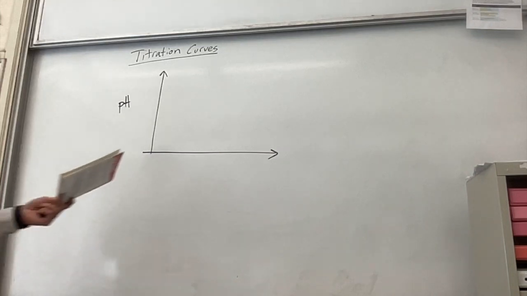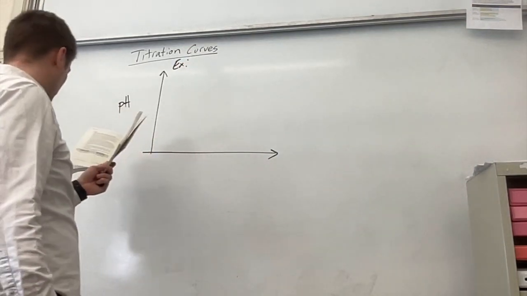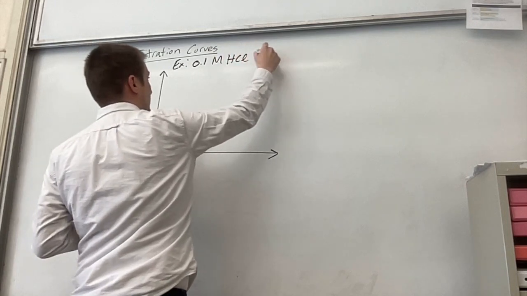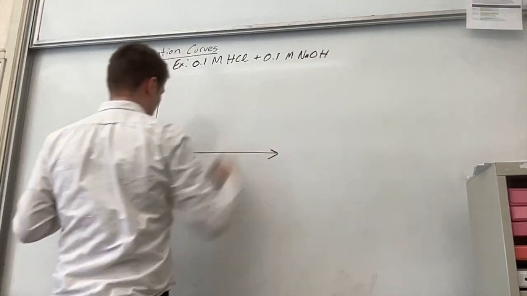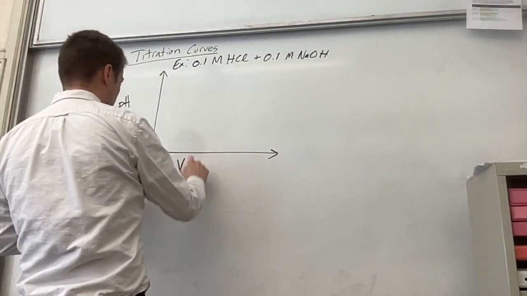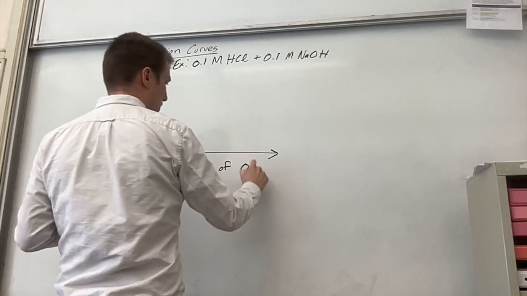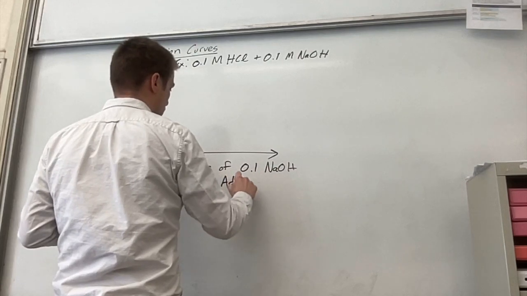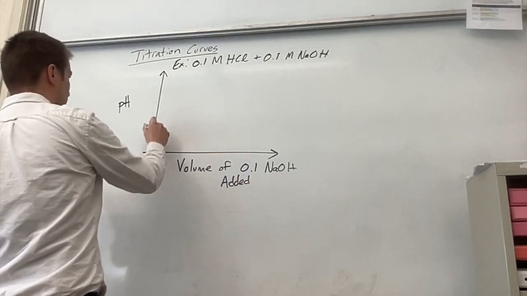And then, let's say as this example, you are adding 0.1 molar HCl and you're adding 0.1 molar NaOH. So this is going to be the volume of the NaOH that you add. So yeah, this is a strong base and a strong acid. You're adding the base to the acid, and you'll get a curve that looks something like this.